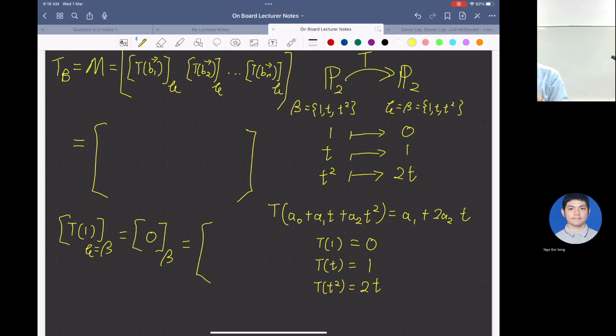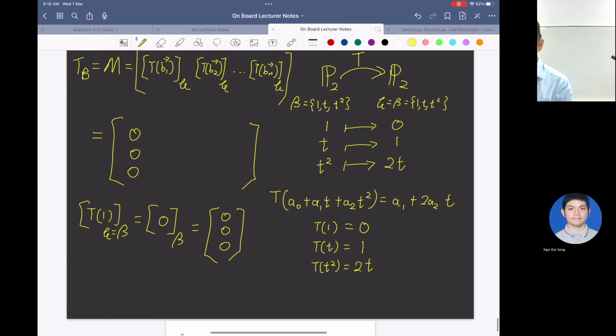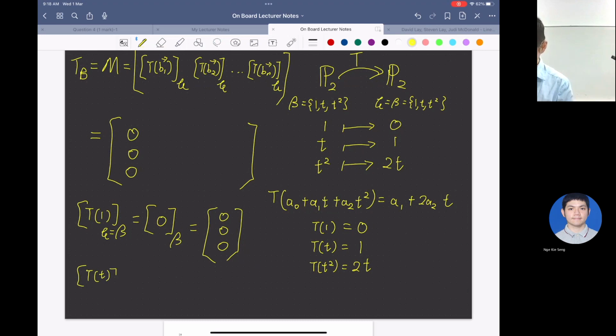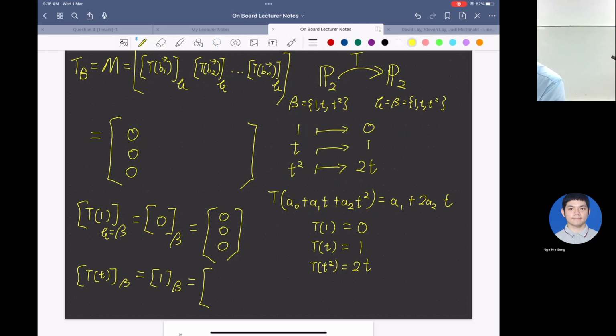What do you get? The 0 vector, right? Is everyone following? What's the coordinate vector for 1? Can you see or not? Let's lay it out step by step, okay?